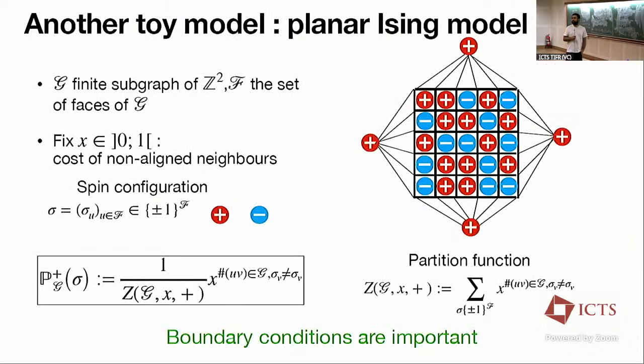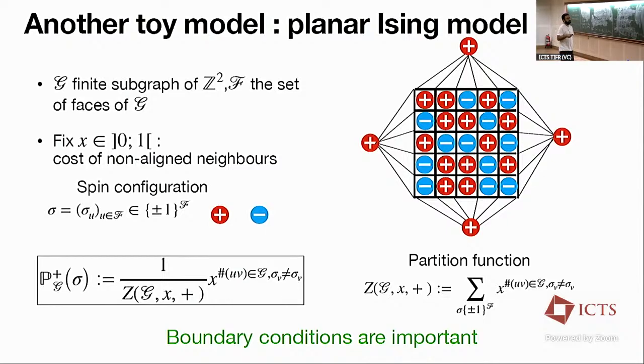The second toy example is the Ising model. I will take a slightly dual convention and assign spins to faces of my graph. Each face gets a plus or minus 1.